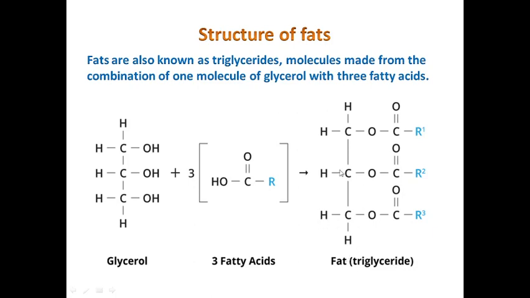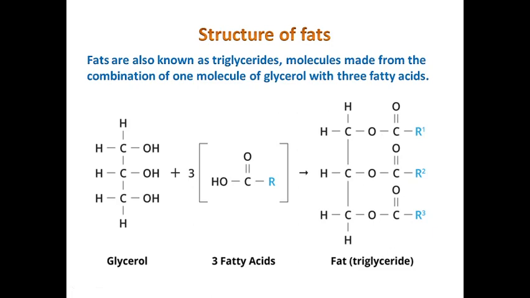Here the structure becomes like this. R1, R2, R3 are the aliphatic hydrocarbon chains of the three fatty acid molecules: R1 of one fatty acid, R2 of another, R3 of the third one. So this is the basic structure of a fat, which is a triglyceride.